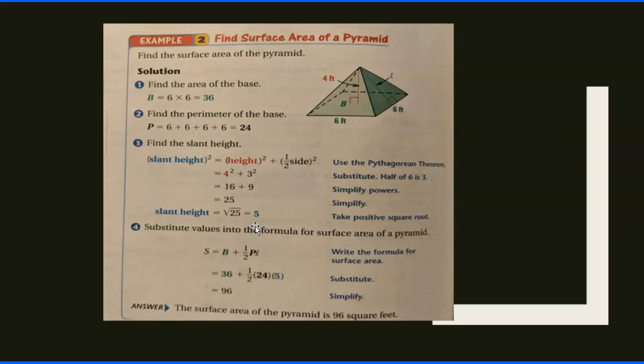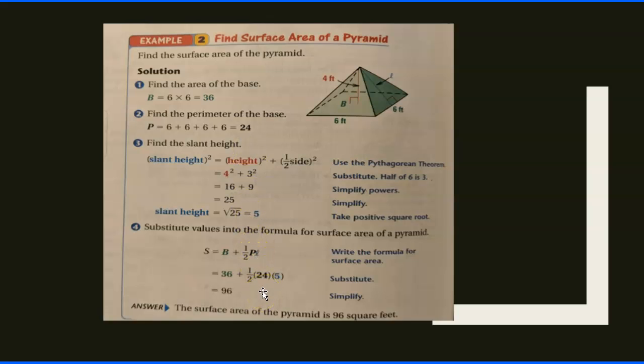Now I can go through and do the other part of this formula to find the surface area. So multiple steps. Don't forget, you got to find the slant height first. So we're going to substitute everything in. S equals, and then the base we already determined is 36, so there is that. And then 1/2 P times L is going to be 24.